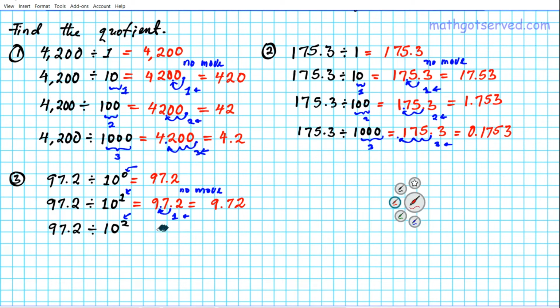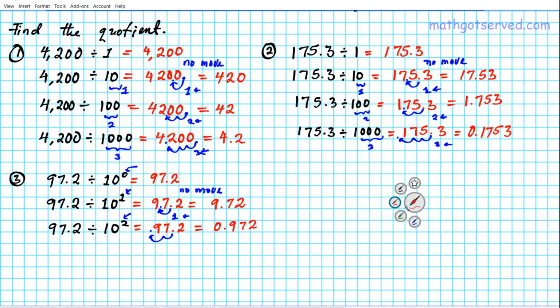But what does that tell us about the answer? Well, when we divide 97.2 by 10 to the second power, or 100, the decimal point will move two places to the left. 1, 2. The decimal point will end up right in front of 9. Result will be 0.972.